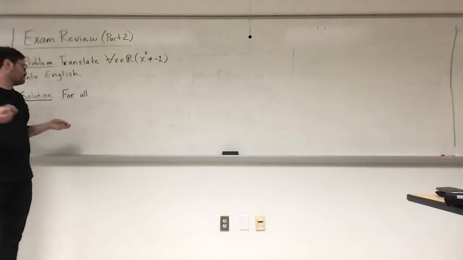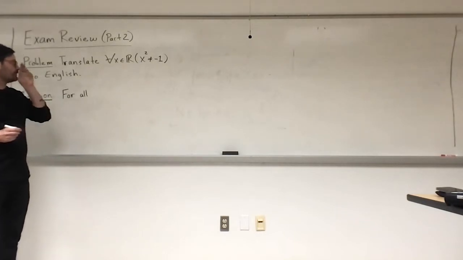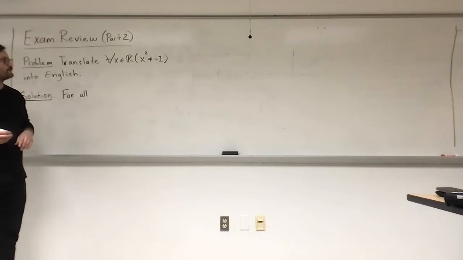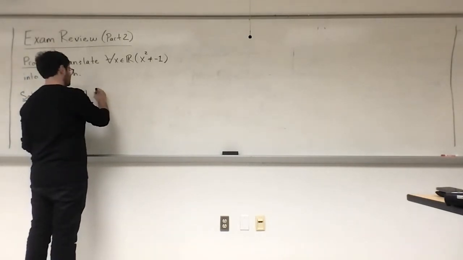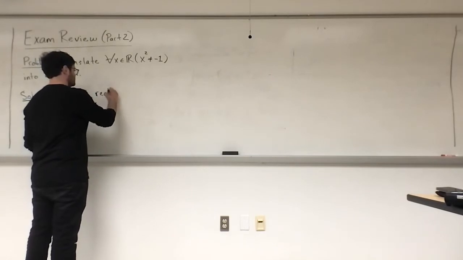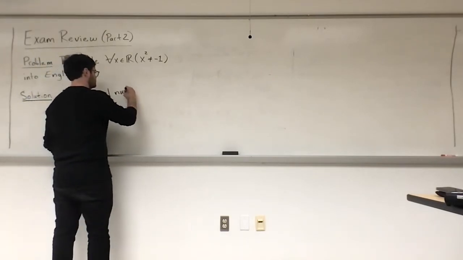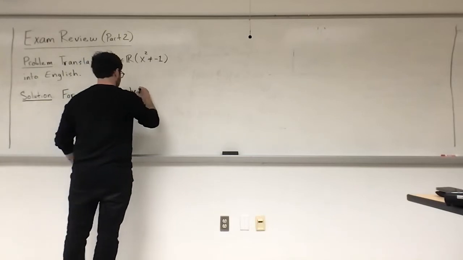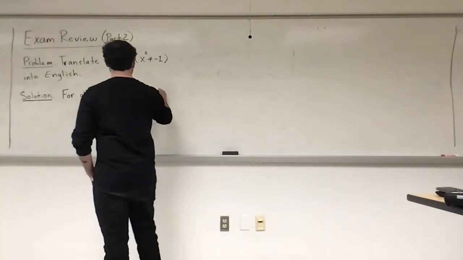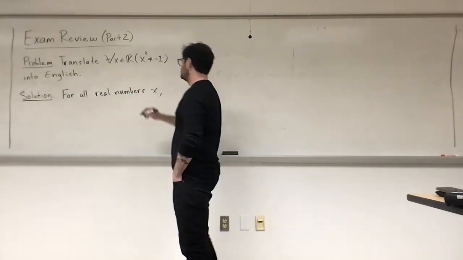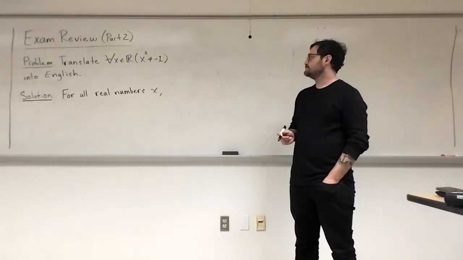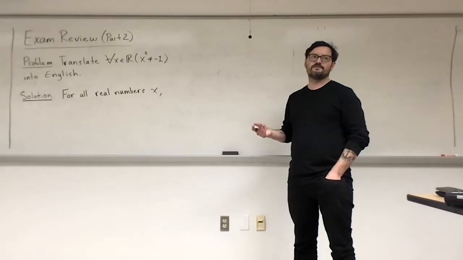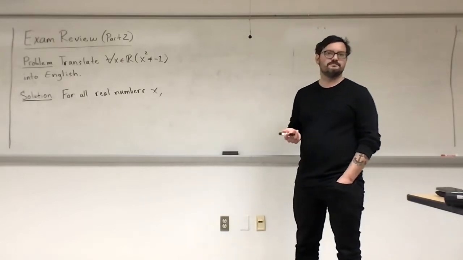So there's a bunch of different ways you can write this. I would say maybe for all real numbers x, and then the square of x is never equal to -1.